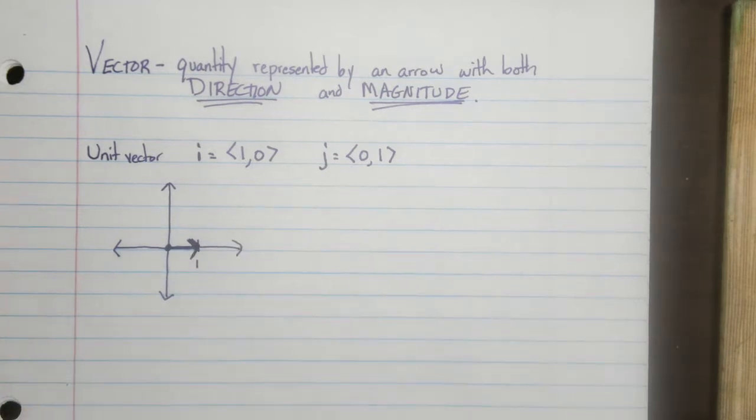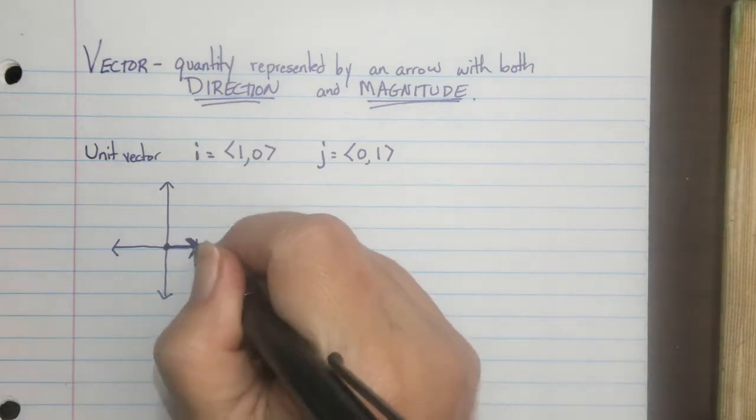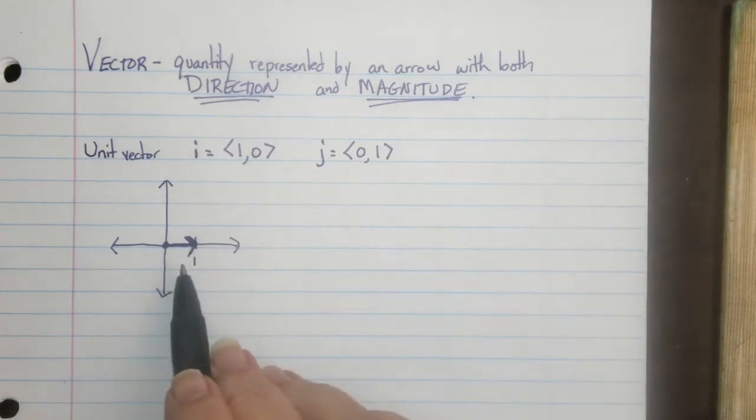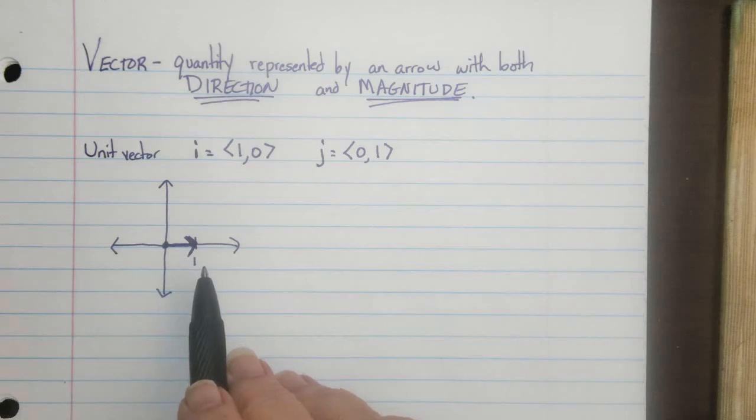This is very different than linear functions. When we're graphing functions, we put an arrow to show that the function continues indefinitely, like it goes on to infinity. With vectors, the arrow doesn't mean that it keeps going. It actually stops at the point of that arrow, but the arrow is there to indicate the direction, okay?